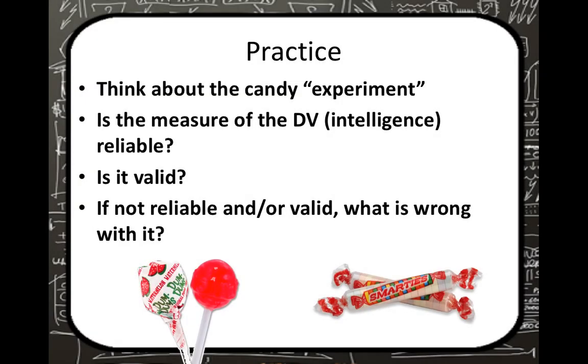So think about our candy experiment we did last time, where I think that people who eat Dum-Dums are dum-dums and people who eat Smarties are Smarties, and that you have either lower or higher intelligence depending on which one you choose. So think about how I measured the dependent variable of intelligence. First, we had the pre-test with those 10 brain teaser type questions.